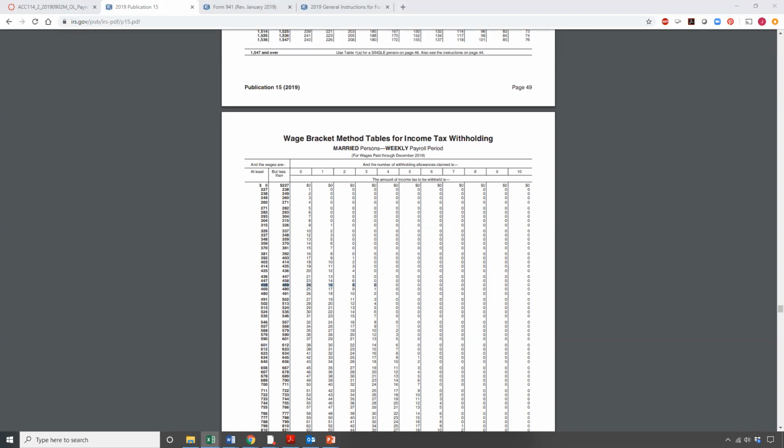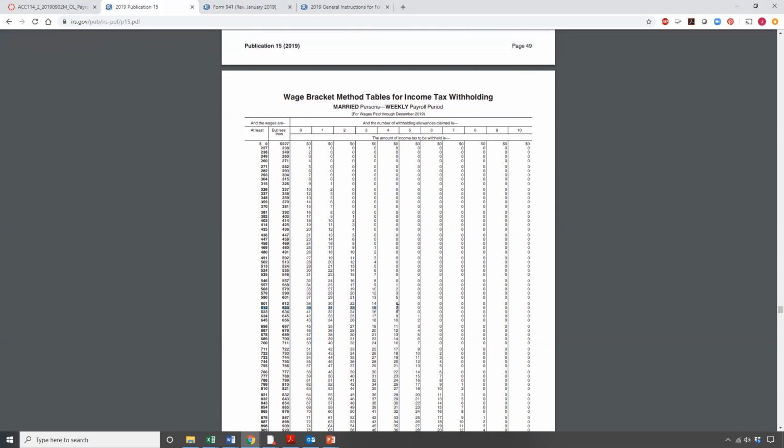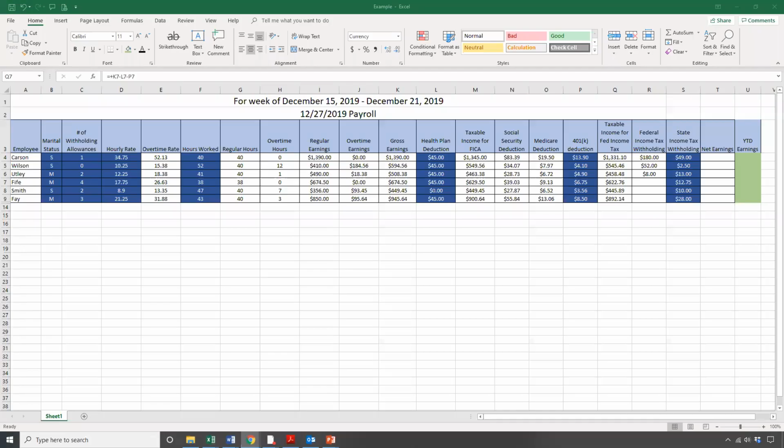Sorry, just give me a second here. Married weekly still. So we want to go right here to our next column of 4 withholdings. And you can see that it's $7 right there. So we're going to put our 7 in there.